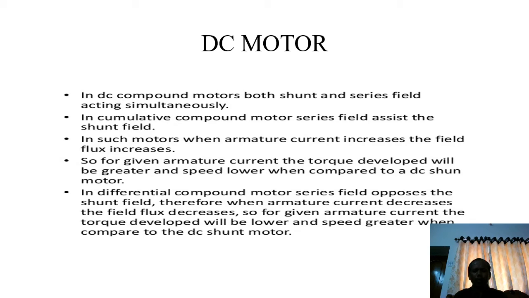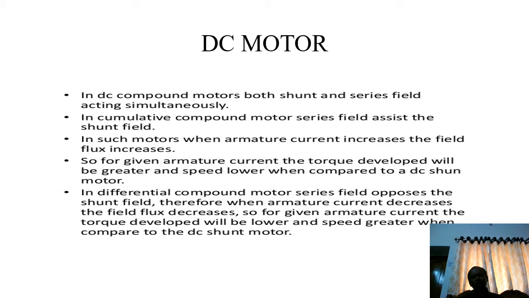In the cumulative compound motor, the series field assists the shunt field. In such a motor, when armature current increases, the field flux increases. So for a given armature current, the torque developed will be greater and speed lower when compared to a DC shunt motor.